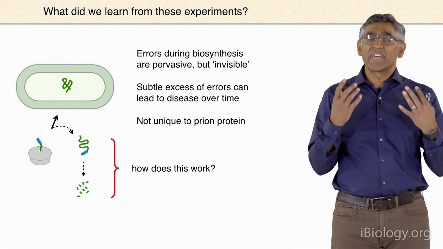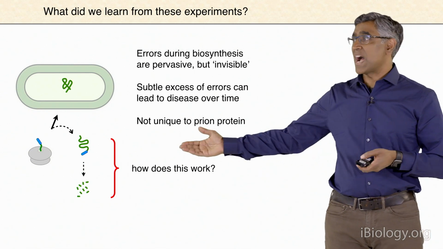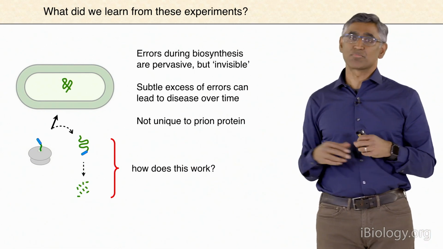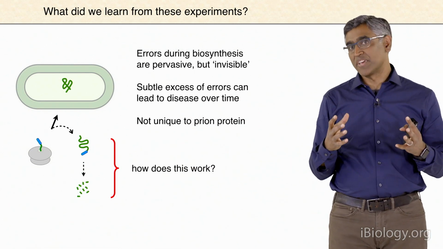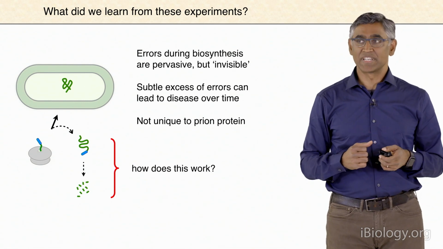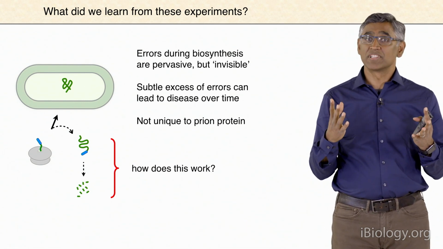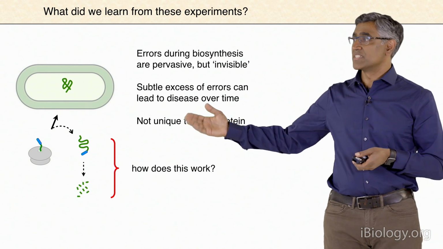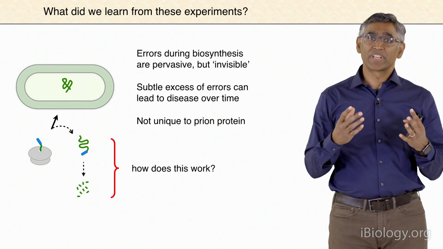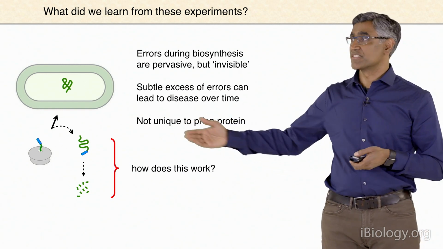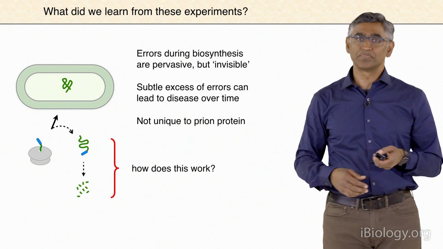And so that then really raised the question of how does the cell normally get rid of these products? And this is something that then we became much more interested in, having realized what the physiologic significance of these failures are, and knowing that even under normal conditions, there's always some products that fail.